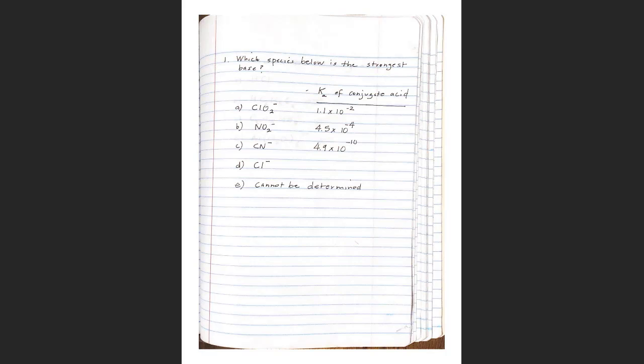So for me, the Ka of cyanide's conjugate acid, which would be hydrocyanic acid, if I'm right, it is the smallest. So I'm assuming it's going to be C. Yes. Yay!